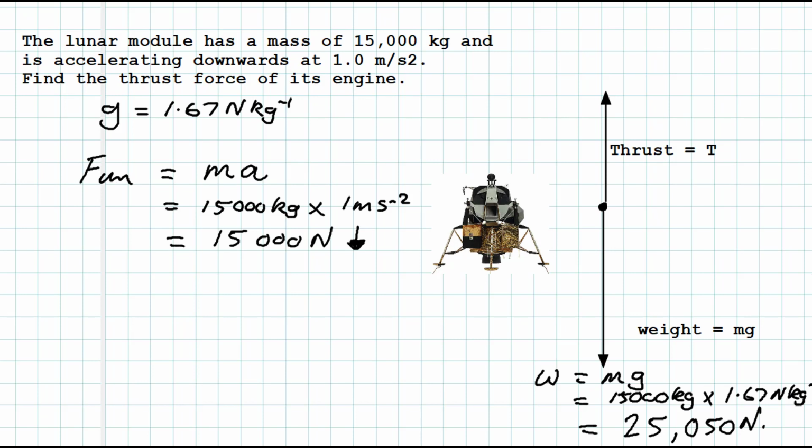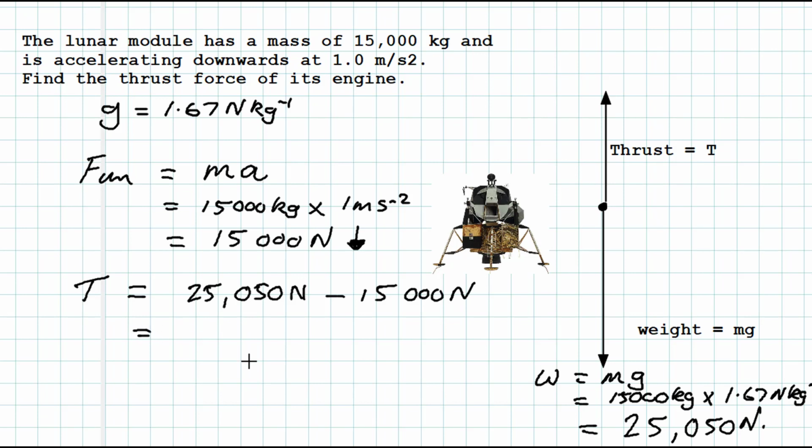So the thrust must be less than the weight by a value of 15,000 newtons. The thrust must equal the weight, which is 25,050 newtons, take away the unbalanced force, which is 15,000 newtons.